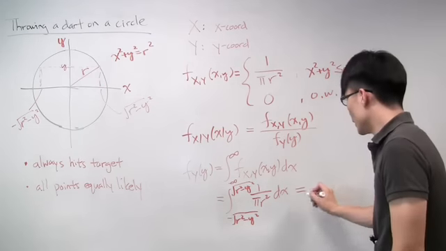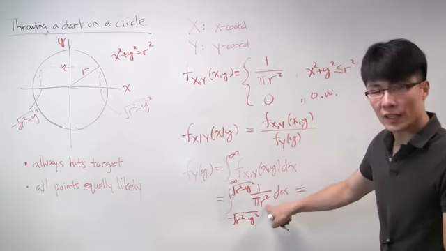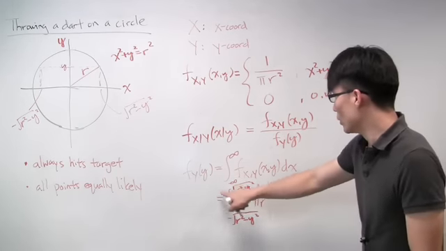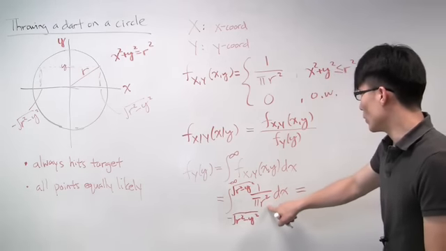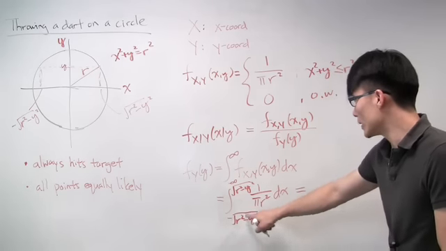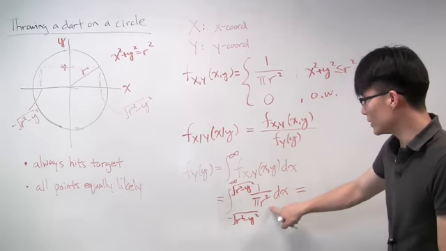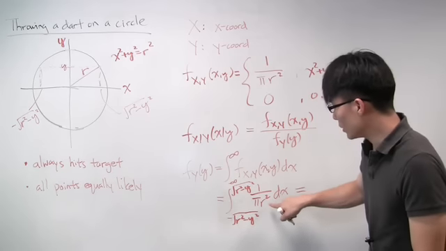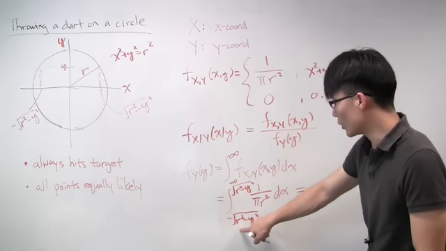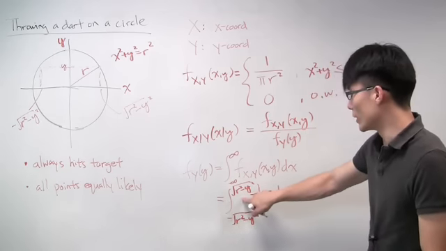The good thing is that this is just a constant. There's no y in here, so we can just pull that out, and it really just becomes an integral of 1 from minus square root of r squared minus y squared to square root of r squared minus y squared.